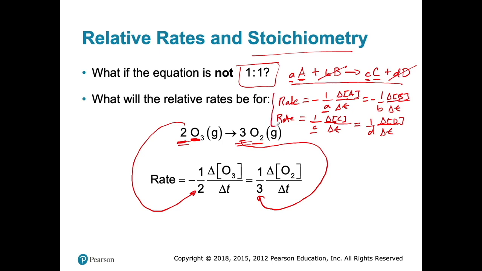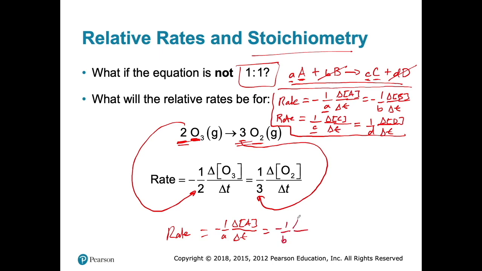These two terms right here can actually be all combined into one. I just split them up there because I ran out of room. But you can write it as the rate equals the negative of 1 over little a times the change in the concentration of big A, divided by little t, which is time. And then that equals negative 1 over B times the change in concentration of B over the change in time, right?